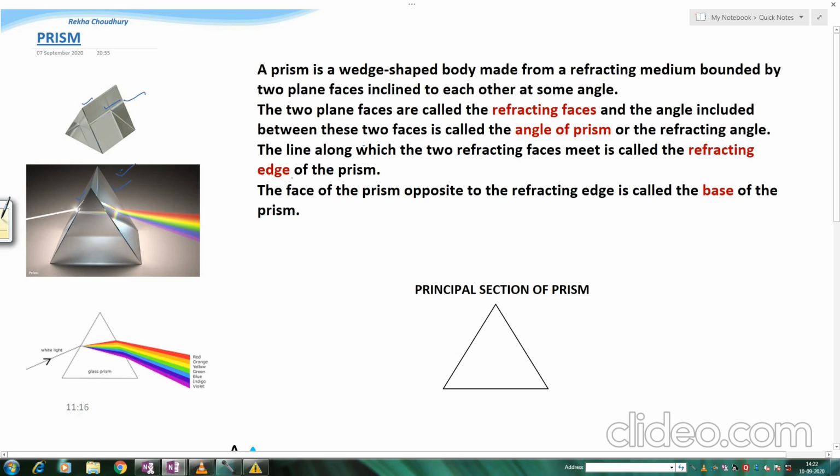Now see, these two faces which are inclined to each other at a certain angle are called the refracting faces of the prism, and the angle included between these two faces is called the angle of prism.